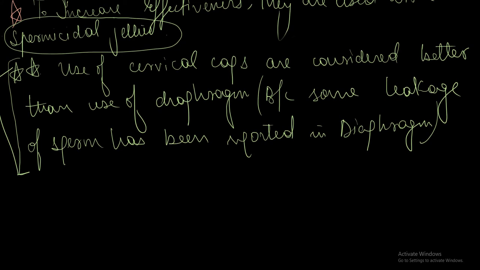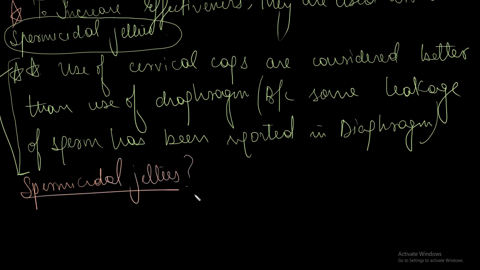So the next is, what are spermicidal jellies? Students, spermicidal jellies are basically chemicals which are used by female to kill the sperms in the female tract.